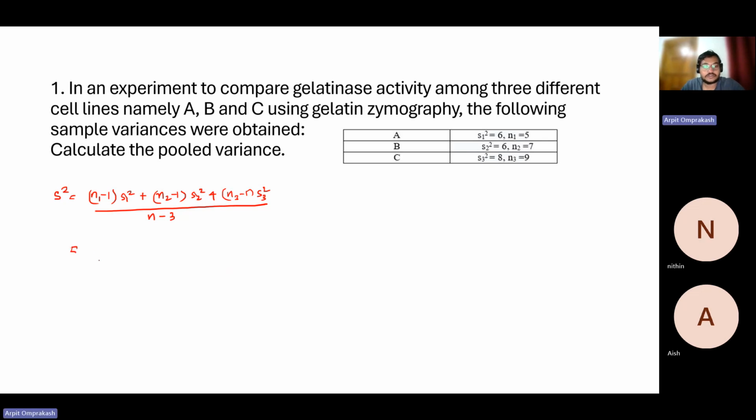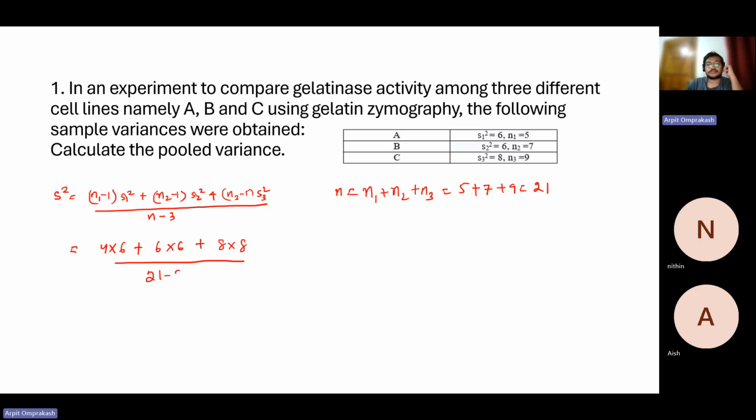So n1 minus 1 is 5 minus 1, 4, into S1 square, which is 6, plus n2 minus 1, which is 7 minus 1, 6, into S2 square, which is 6, plus n3 minus 1, which is 8, into 8, divided by n minus 3. This n is basically the summation of all the n's: n1 plus n2 plus n3, so 5 plus 7, 12, plus 9, 21.